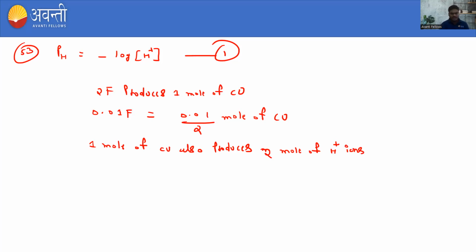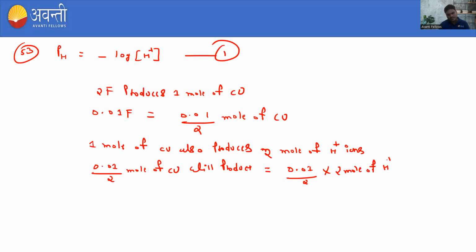So 0.01 divided by 2 mole of copper will produce how much? 0.01 divided by 2 into 2 mole of H plus, 2 moles of H plus. So what value comes out? 0.01 mole of H plus.